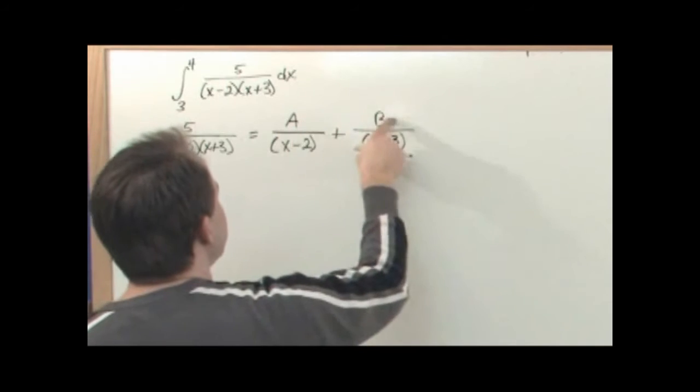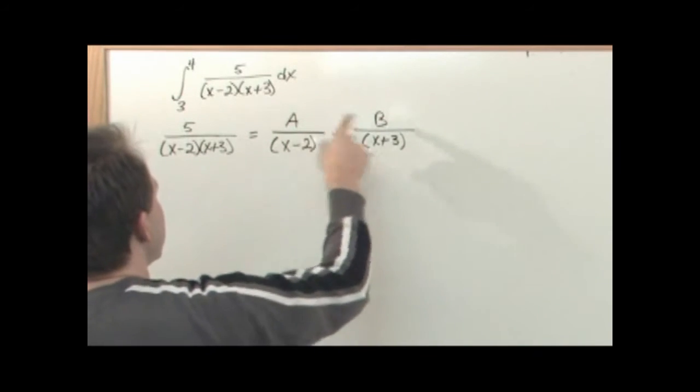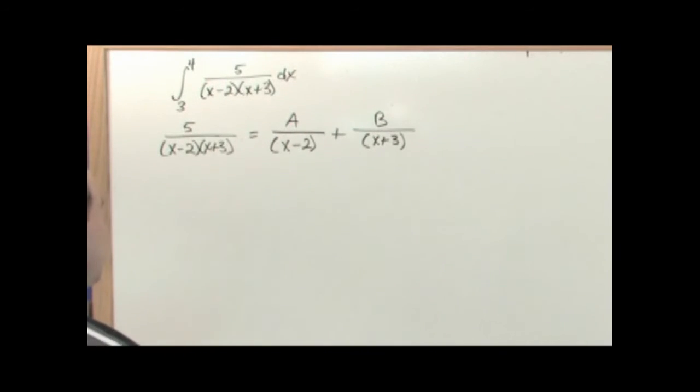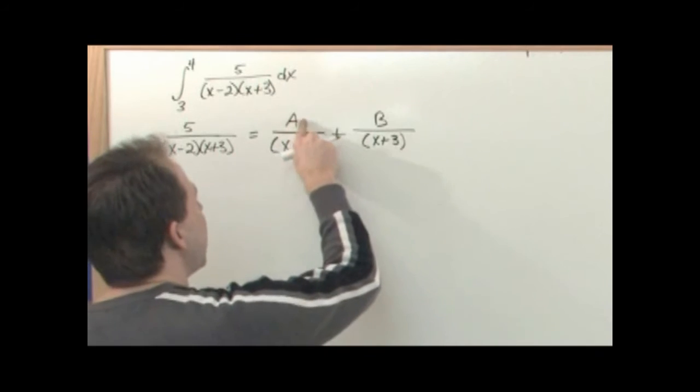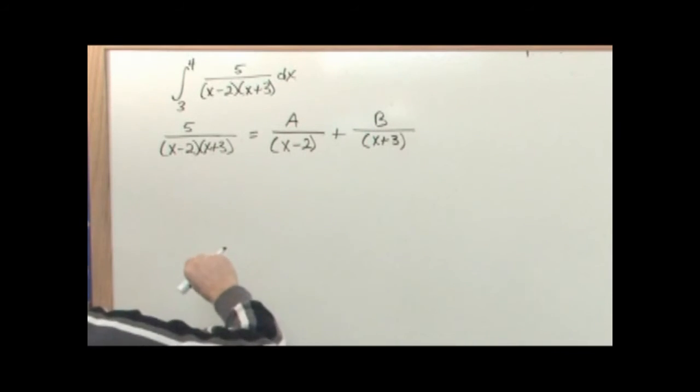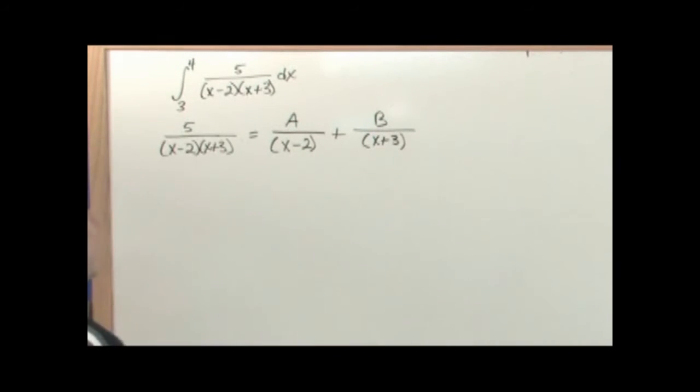I like to use a and b for the constants I'm trying to find because it helps me keep it straight, and if you have a bunch of subscripts running around, you can get confused. Okay, so all you have to do is find out what a is and find out what b is, and if you can do that, then you've done your expansion. You can integrate these pretty easily. Okay, so that's what we're going to do next.